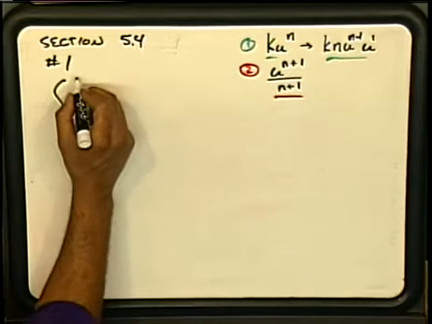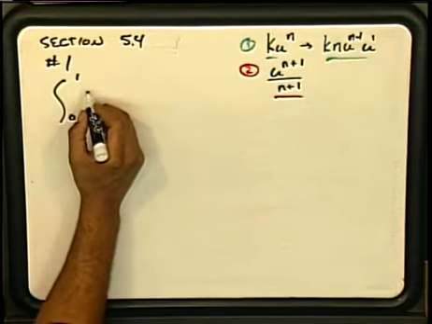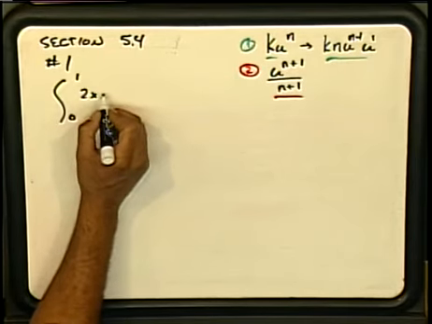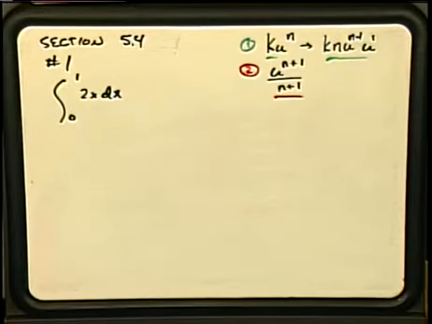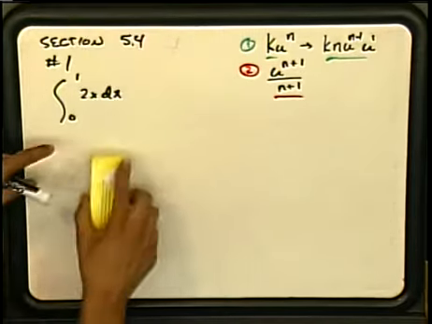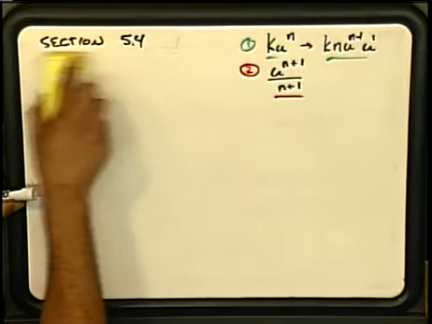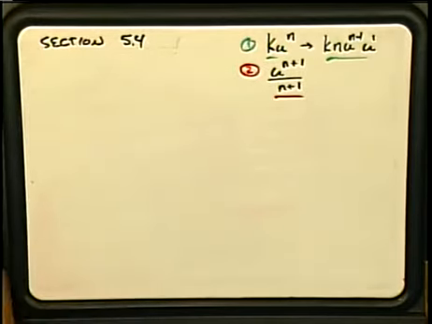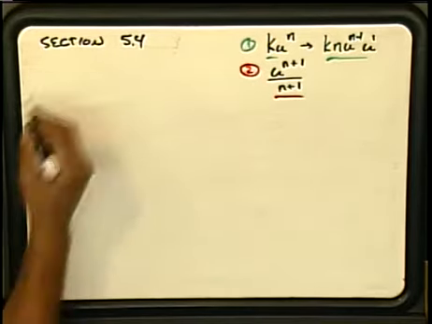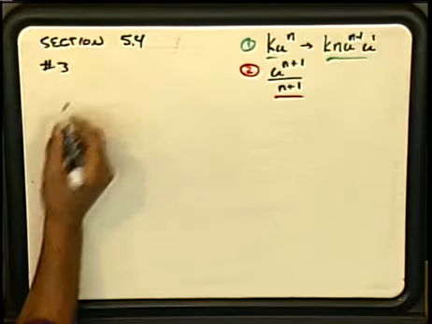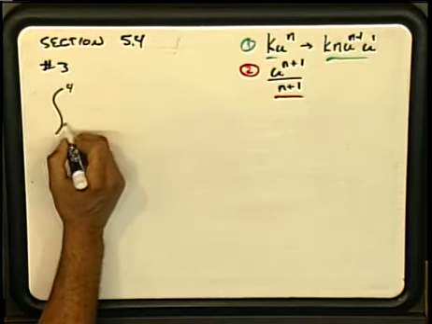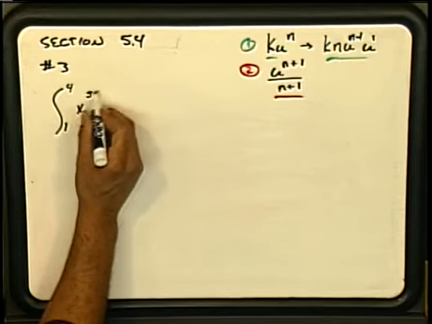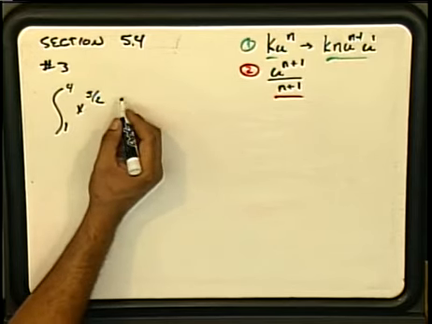They want us to integrate the same thing. Matter of fact, I'll do another one since that's almost the same problem as section 5.2. So I'm gonna do number 3. Integrate 4 x to the 5 halves dx.